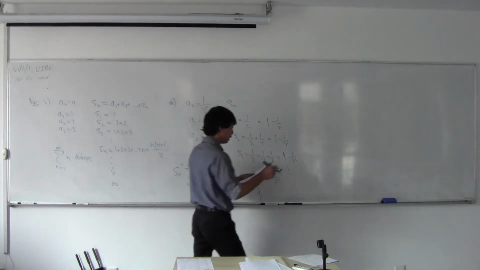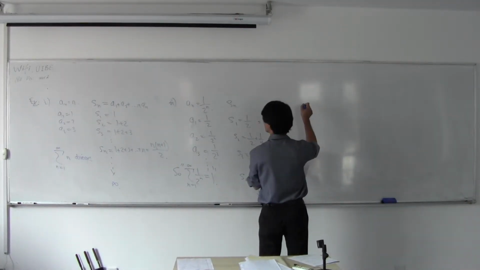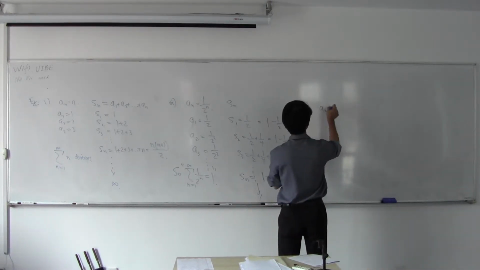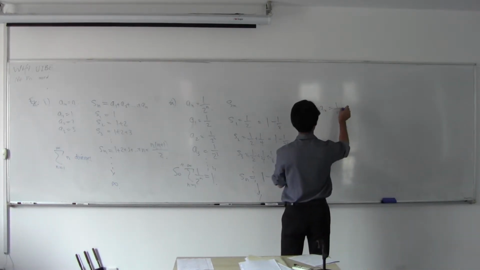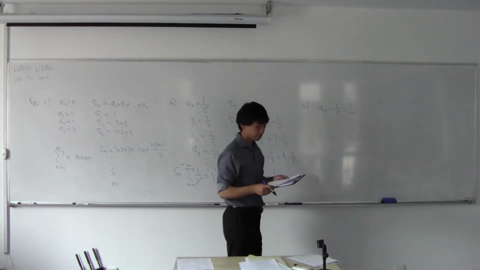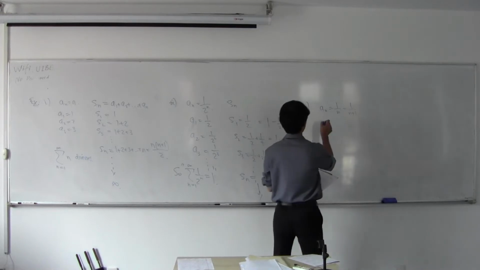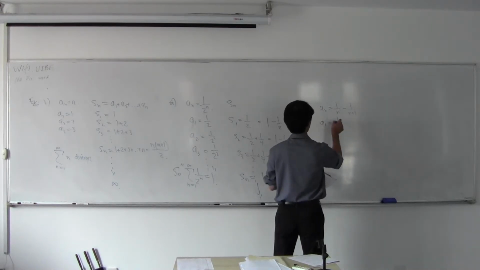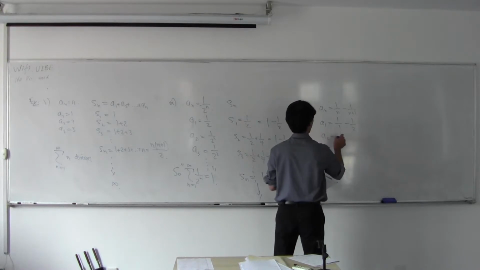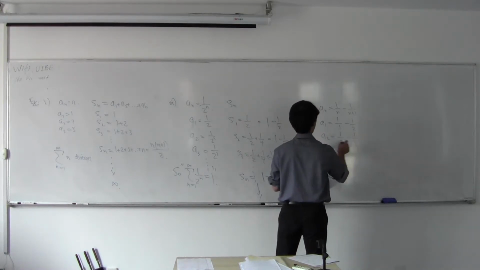Okay. Another example. A sub n is 1/n minus 1/(n plus 1). So A1 is 1/1 minus 1/2. A2 is 1/2 minus 1/3.